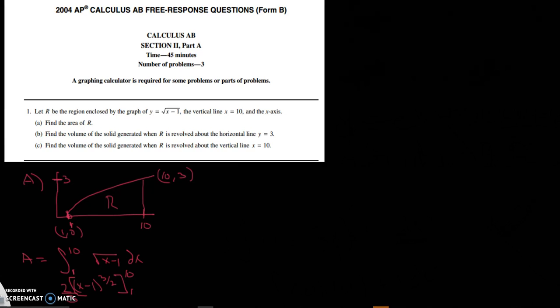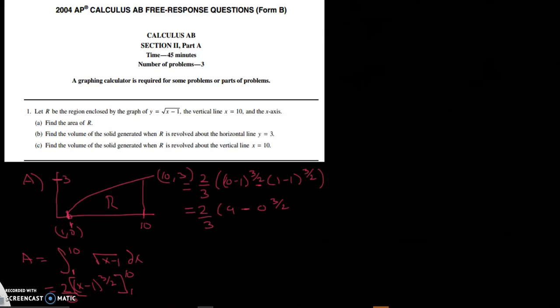So I'll do my work up here. Now I'm going to get 2/3 times (10 minus 1) raised to the 3/2, minus (1 minus 1) raised to the 3/2. That's good, because that's 0. So now we get 2/3 times 9 to the 3/2, minus 0.